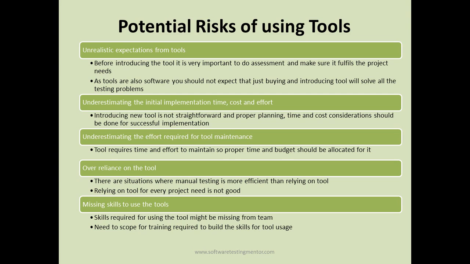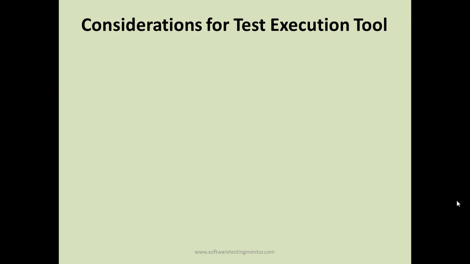So you need to factor the time taken and the training required to upskill your team to learn that scripting language or the skills to use that tool. So you need to scope the training to build the skills for tool usage. So all these are the risks which are there when you are introducing a tool to the organization.